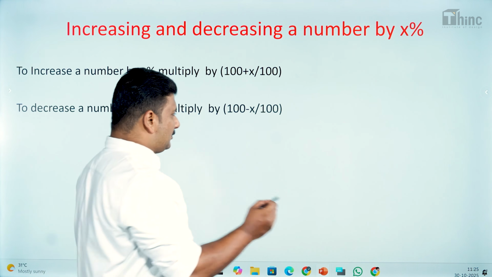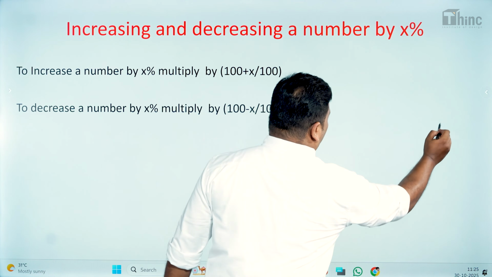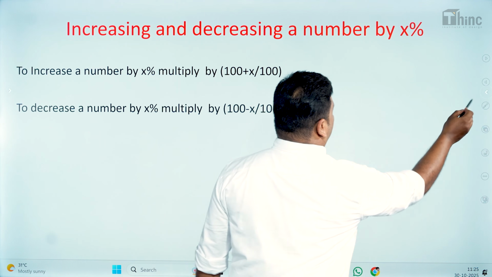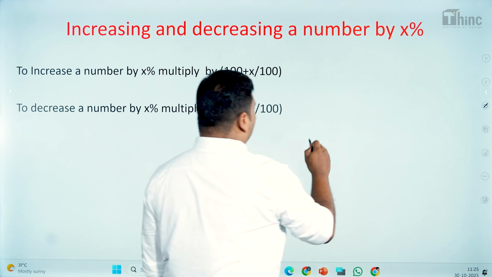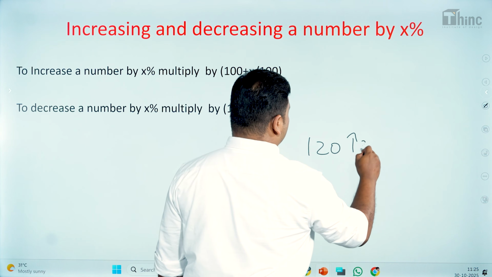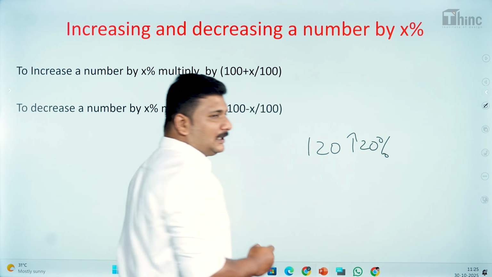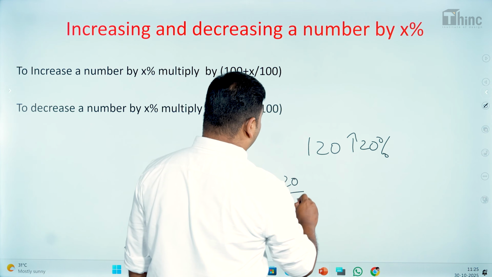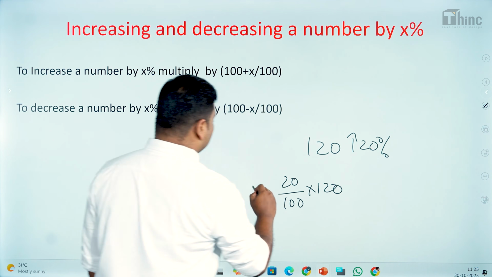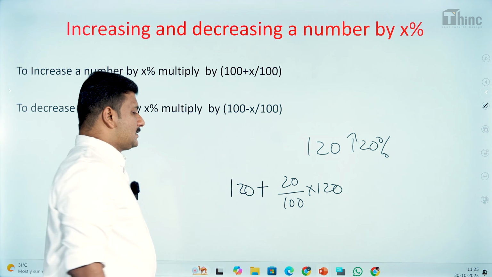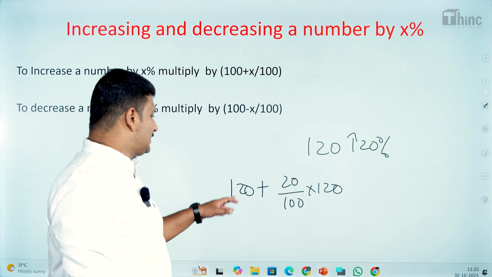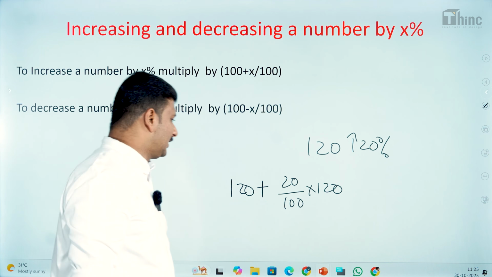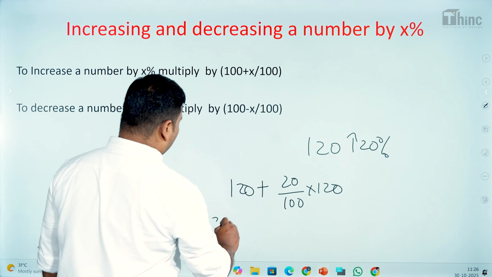I'll explain this, but before that, let's say I need to increase 120 by 20 percentage. So what will we usually do? We'll find 20 percentage of 120 first, and we'll add that with 120, right? So 120 increased by 20 percentage is basically 120 plus 20 percentage of 120. So we can take 120 common.